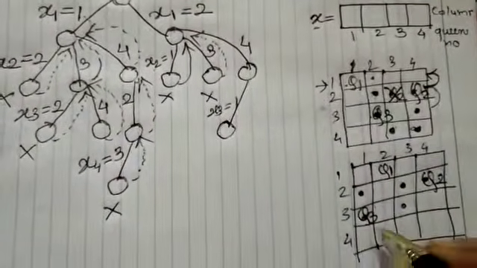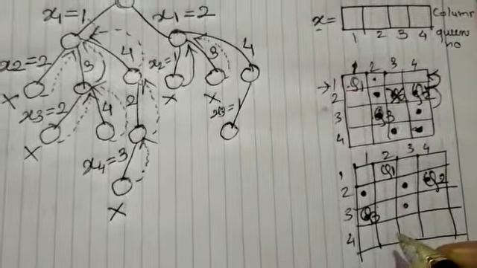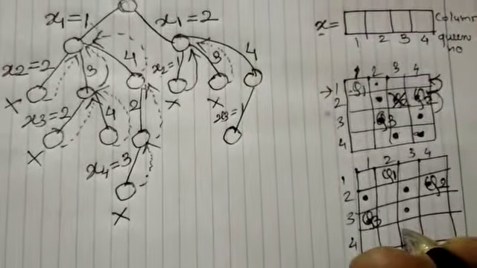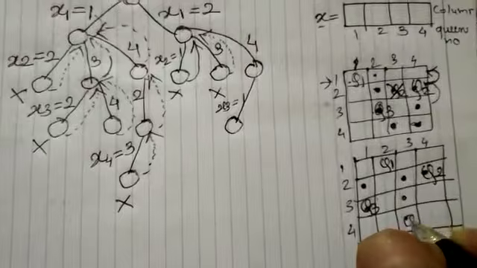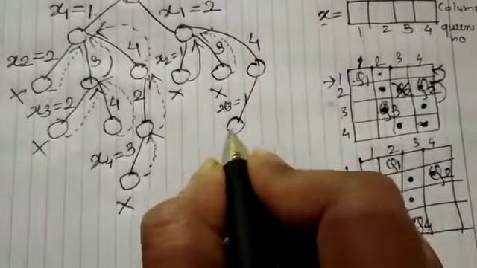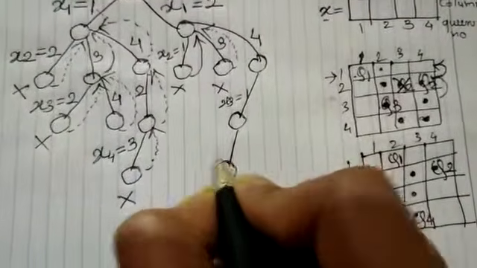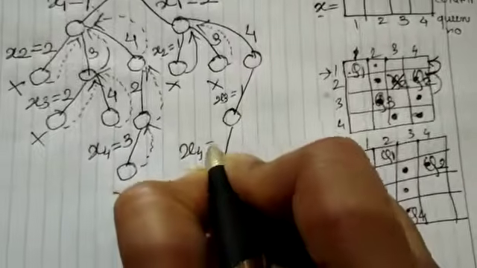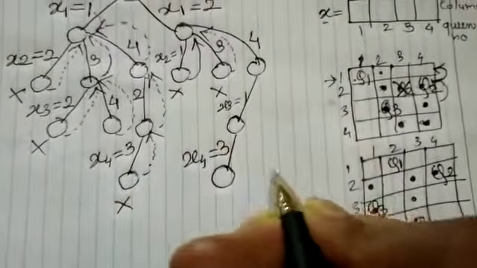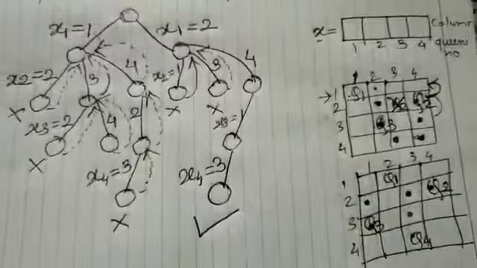So we are only left with a choice of column 3. So here I am going to place the fourth queen. I'll write x4, that is queen 4 can be placed in column 3, and this is the right solution.